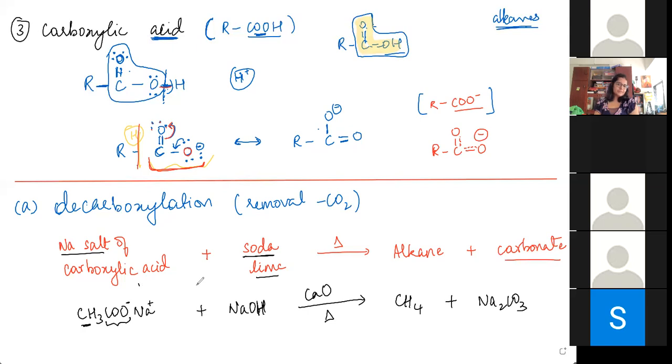Okay, any questions about this reaction? No? So what is the compound called, the CH3COO minus? You tell me. Sodium salt of carboxylic acid. What acid is this?